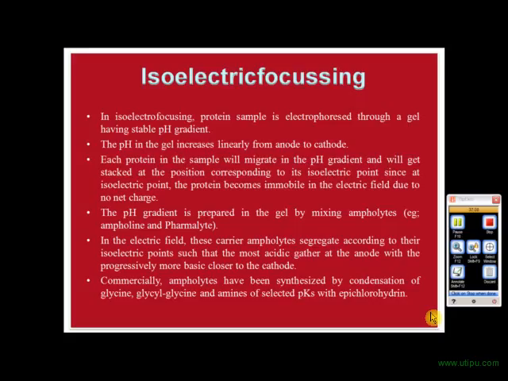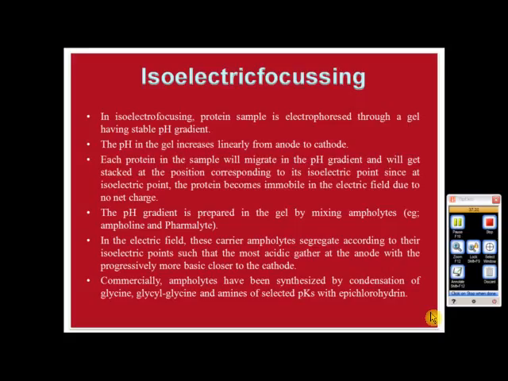It is arranged in such a manner: pH 1, 2, 3, 4, 5, 6, 7, 8, like that up to 14. That we call a gradient. It does not have a uniform pH; it has different pH at different points, which we call a gradient. The pH in the gel increases linearly from anode to cathode.